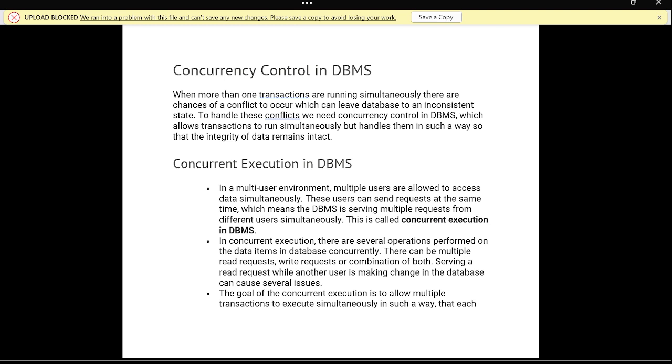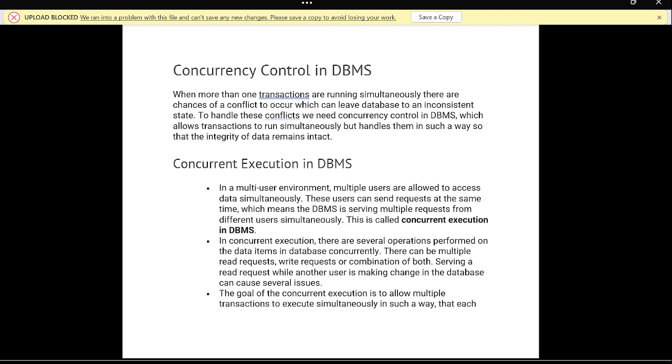So at the same time, I and my friend are going to withdraw the cash. We both are going to have 500 each in our hands by withdrawing at the same time from the same account, but the balance is 600. We withdraw the cash of 500. How? Because inconsistency of data is going to happen.